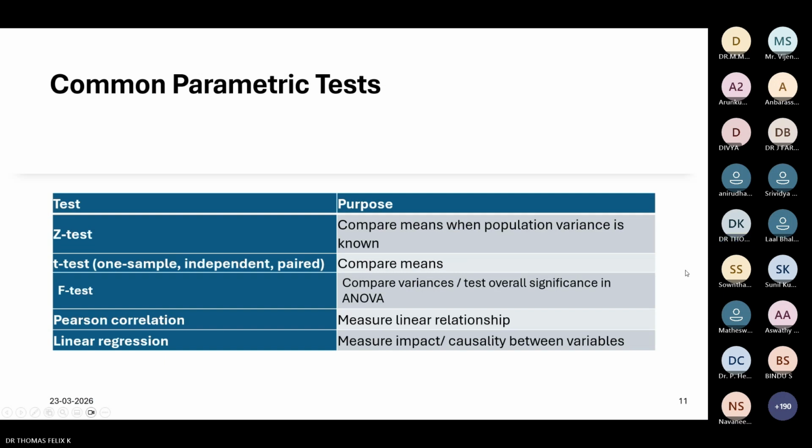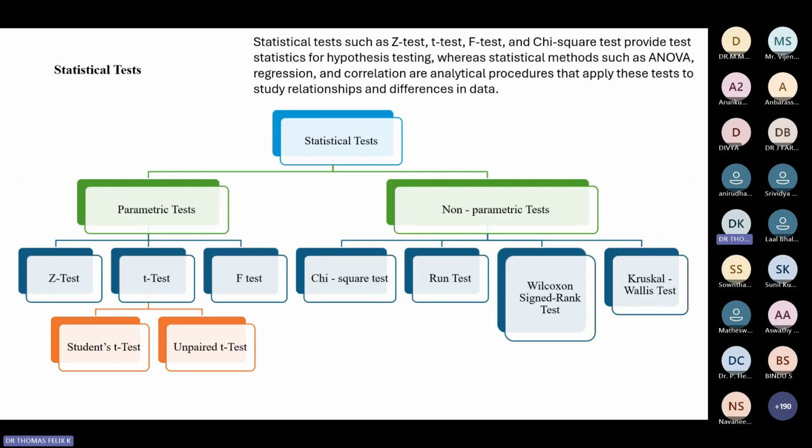With this brief introduction, I am moving into the statistical test. As I said, since we are going to focus only on the parametric part, we know that the parametric part should follow some assumptions.